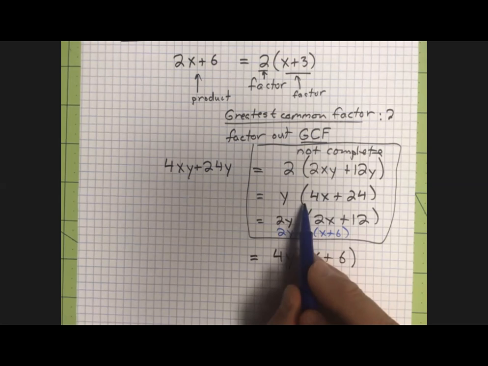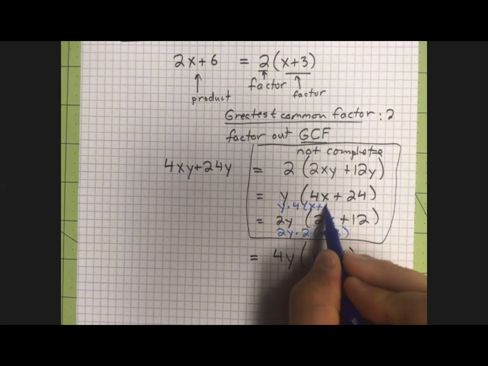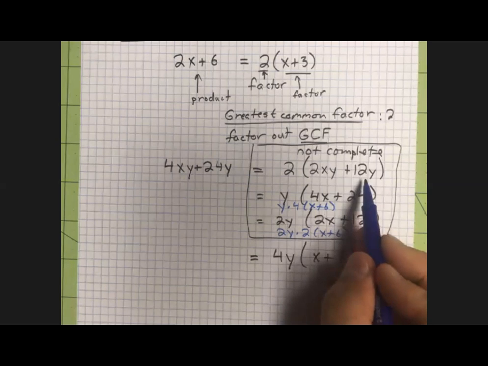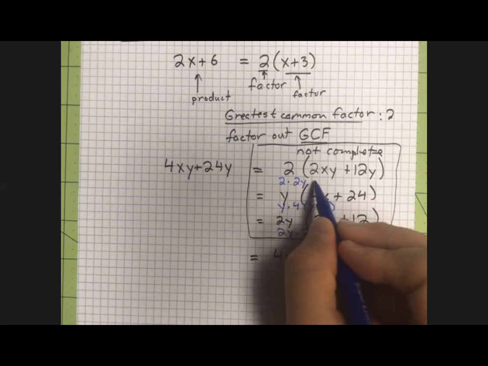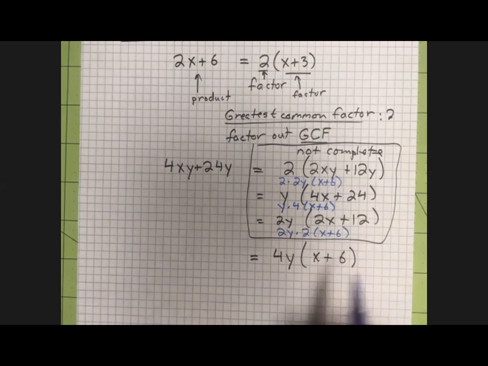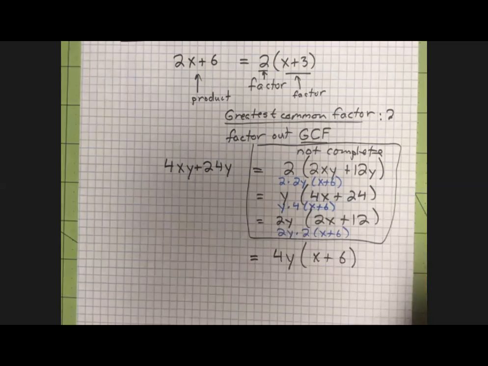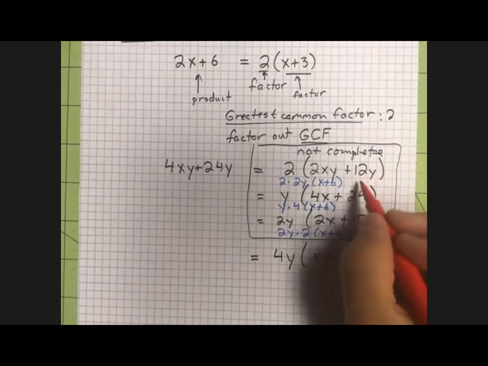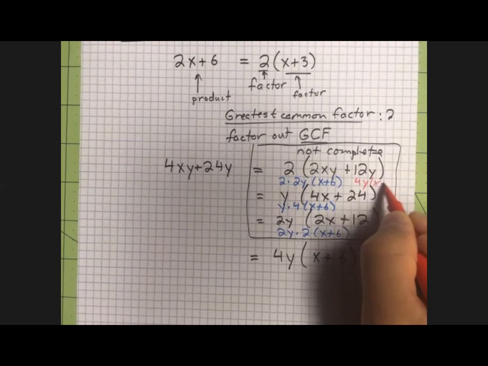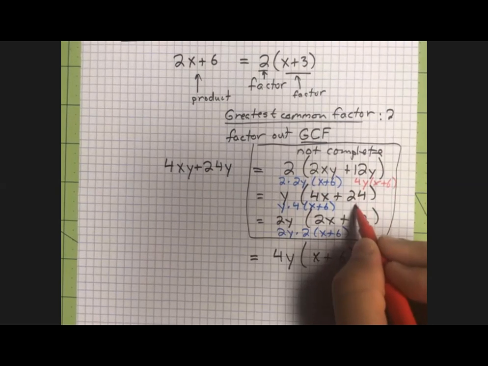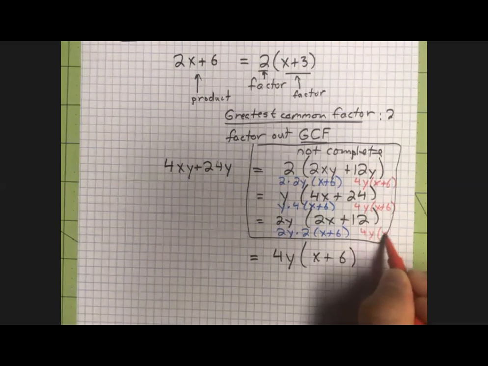Here, you look at the 4x plus 24 and you say, wait a minute, I could take out a 4. Even right here, you say, oh, wait a minute, these 2 people both have a 2 and a y. But you notice when you're done, each time you said 4y times x plus 6. 4 times y times x plus 6.